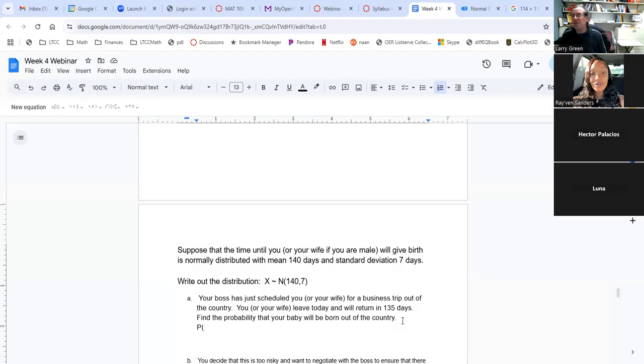Maybe you can put that in the chat box. See if you can put in the chat box what that is going to look like as a probability. It's very important to be able to do that, or you're not going to be able to answer the question. That's usually the hardest part of this whole class, to read this long word problem and come up with what we want.